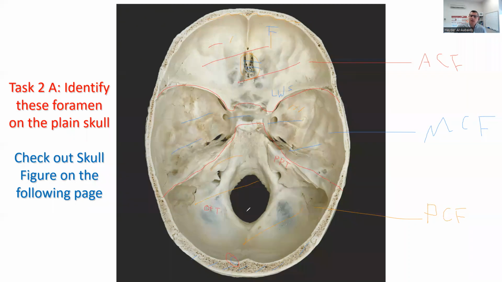Okay, now if we ask you about the openings that you can identify here, you can say foramen magnum. What did we say this opening is? Jugular. Jugular foramen, beautiful. And how about the little one here?